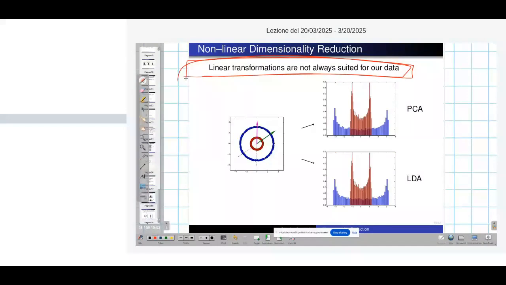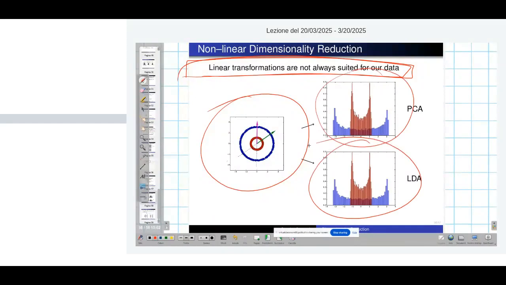But there are cases where linear transformations are not good. Imagine you have a data set like this, two classes. Whichever direction you project your data on, your histograms will look pretty much like this, and you will never find a good threshold to say on one side it's red, on the other it's blue.